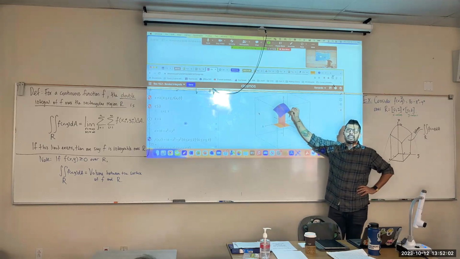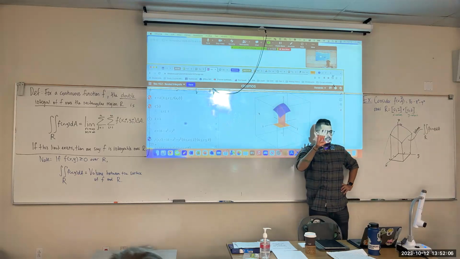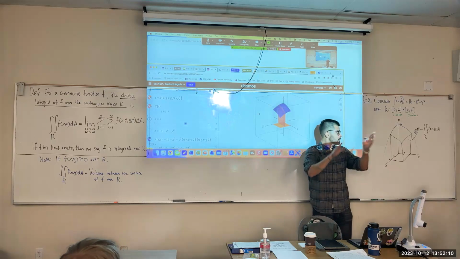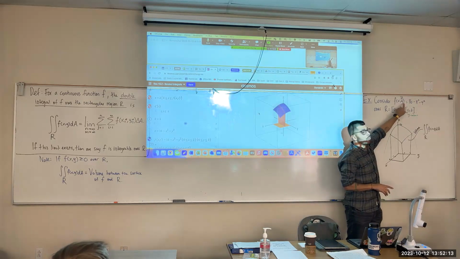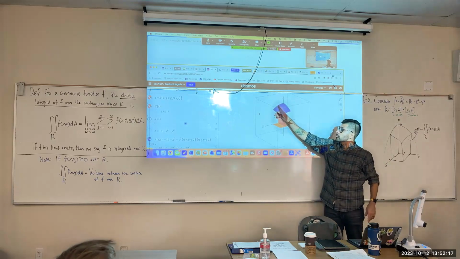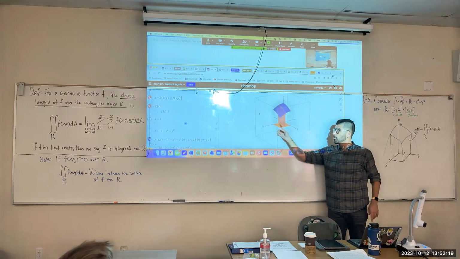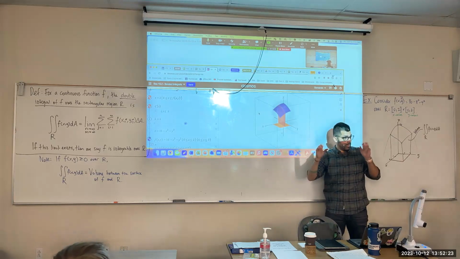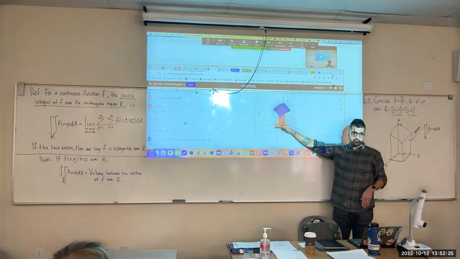Like you guys did in 14.7, you plug points into the function where x is 1 and you let y vary. So we plug in f of 1 comma y. That will represent this curve of intersection, because that's where the points all have x equal to 1. We're going to integrate that to give me this area.